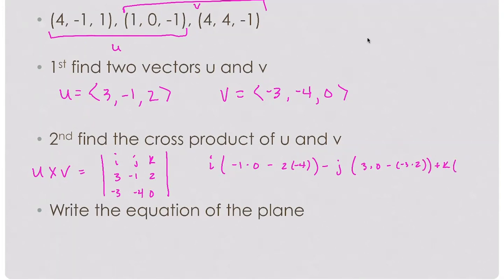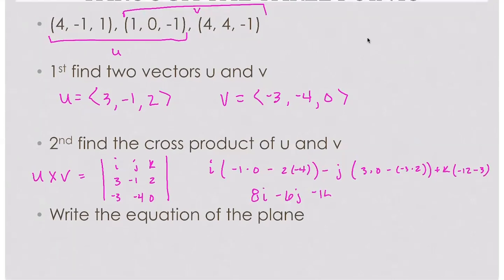And then we would have 3 times negative 4, which I'm just going to write as negative 12, minus negative 3 times negative 1, which is a plus 3. To simplify this, we would get 8i minus 6j minus 15k. So our vector would be 8, negative 6, and negative 15.